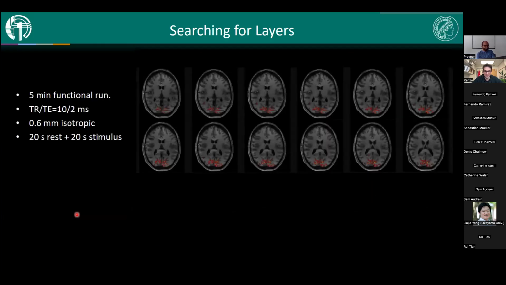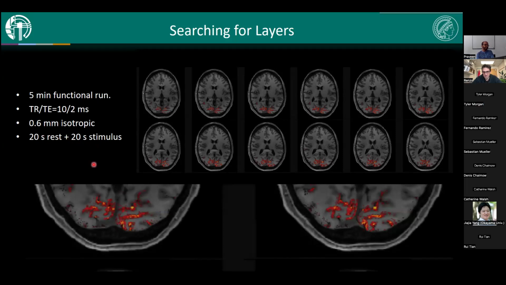And one last slide. When we were in the piloting phase, we acquired a lot of images which we didn't present. At that time, I was using a little longer stimulus, 20-second rest and 20-second stimulation, same visual field checkerboard at 0.6 isotropic.